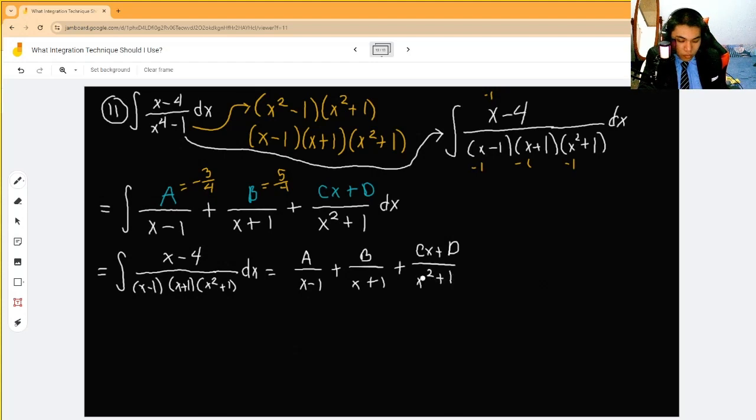Let's omit the integral sign there first, since we're just doing algebra.